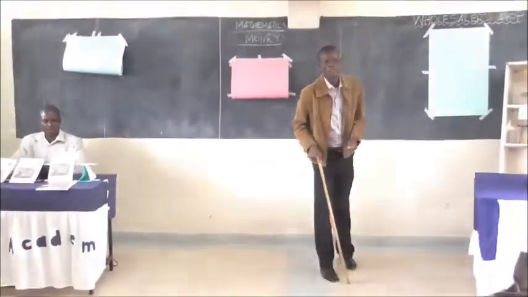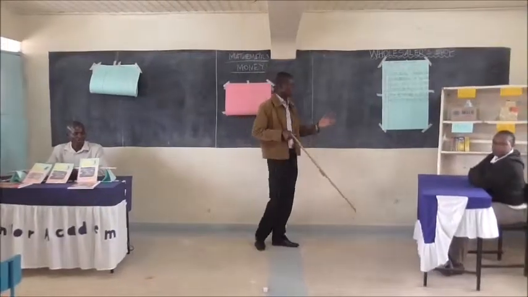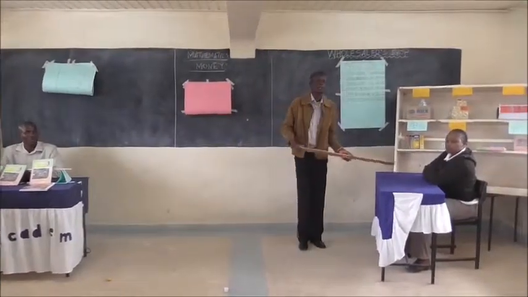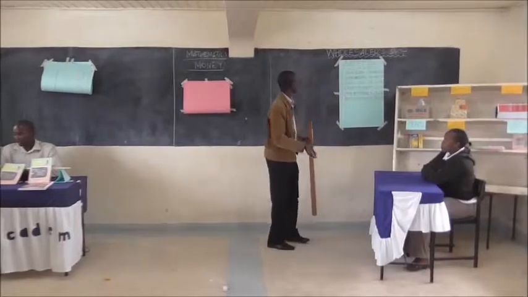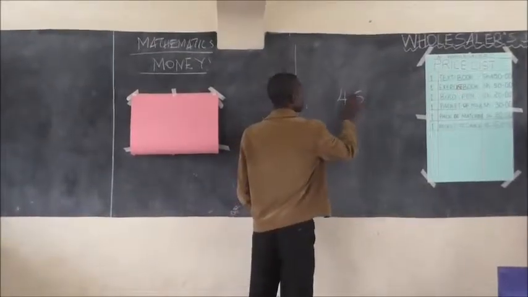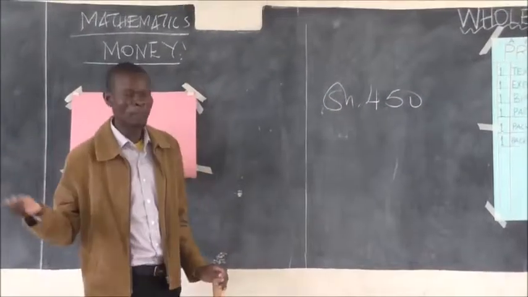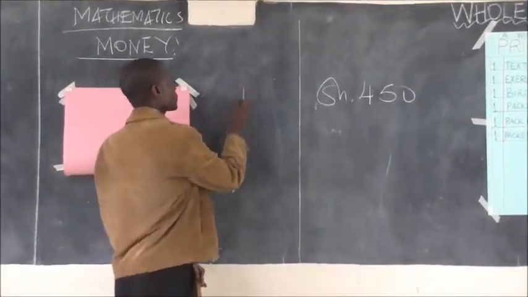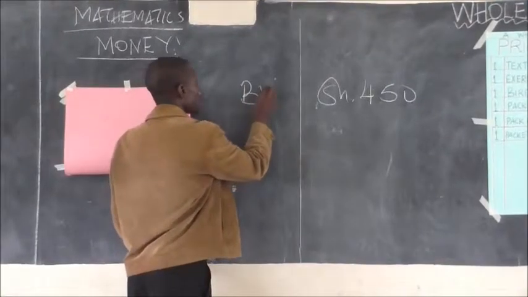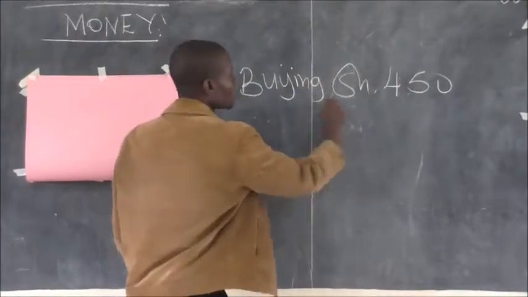Yes. Okay. So as we've seen, the retailer has bought a textbook from the wholesaler and was able to pay 450 shillings. So he has paid 450 shillings. Remember, the retailer was buying the book. So the book is bought at 450 shillings.